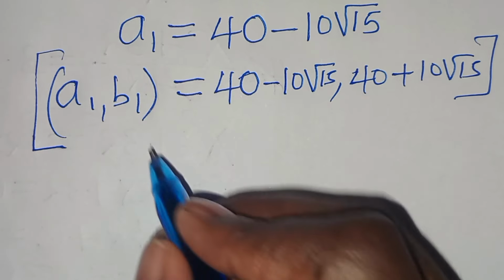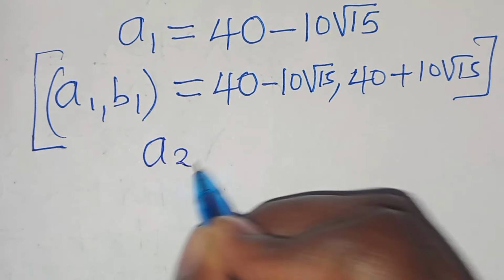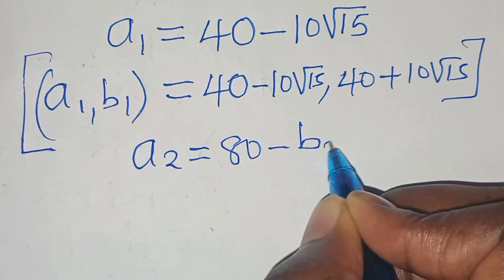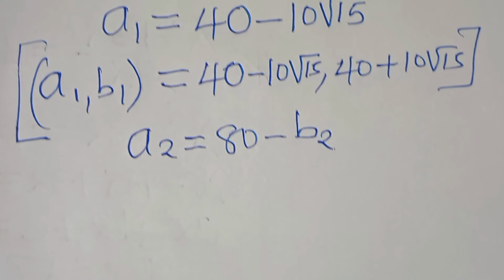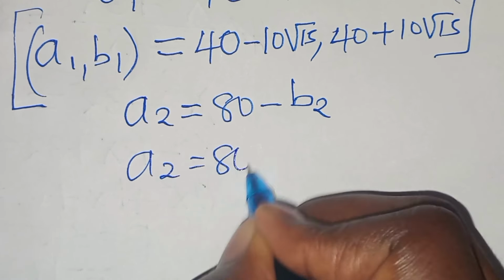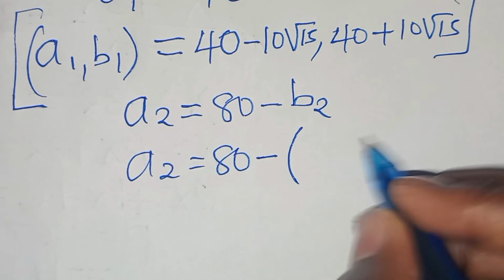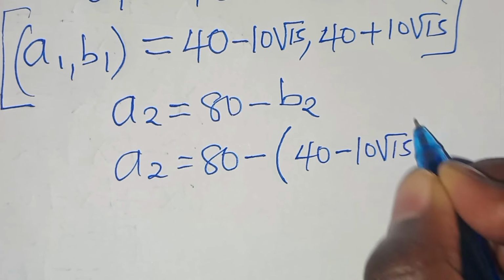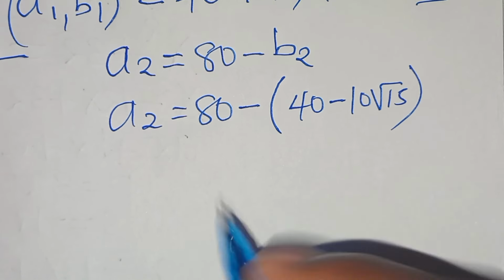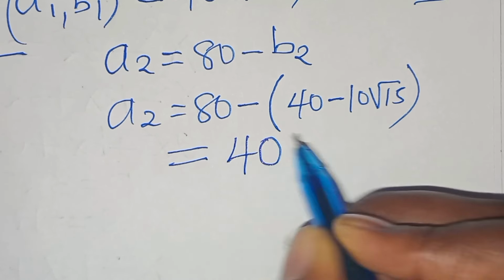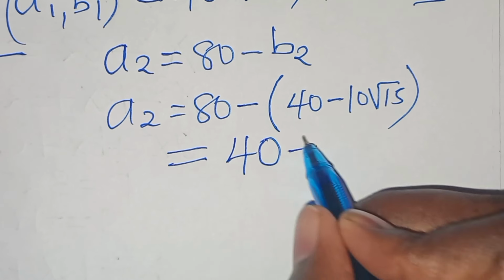Now let's solve for a2. Remember that a2 is equal to 80 minus b2. So a2 is equal to 80, subtract b2. b2 is 40 minus 10 square root of 15. So that now here we have 80 minus 40, which is 40, minus times minus 10 square root of 15.